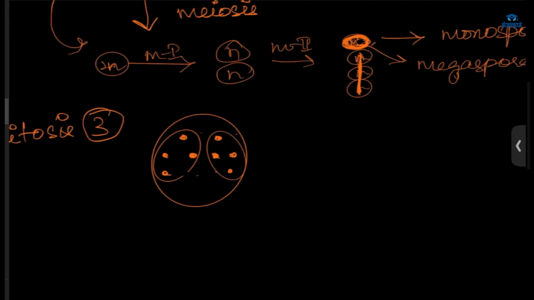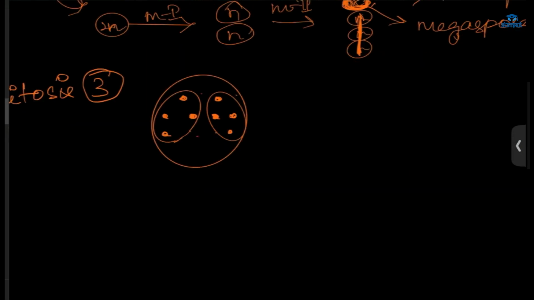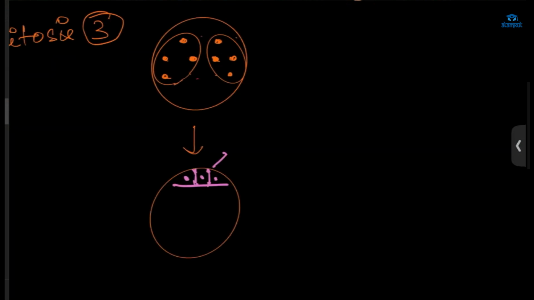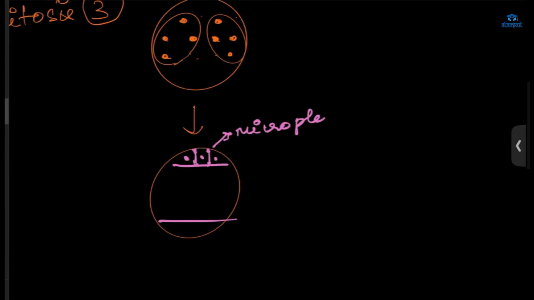So it will form 8 cells. Then what will happen? Three cells will come to the micropyle end, and three cells will come to the chalaza end. And 2 will be here, 2 nuclei.